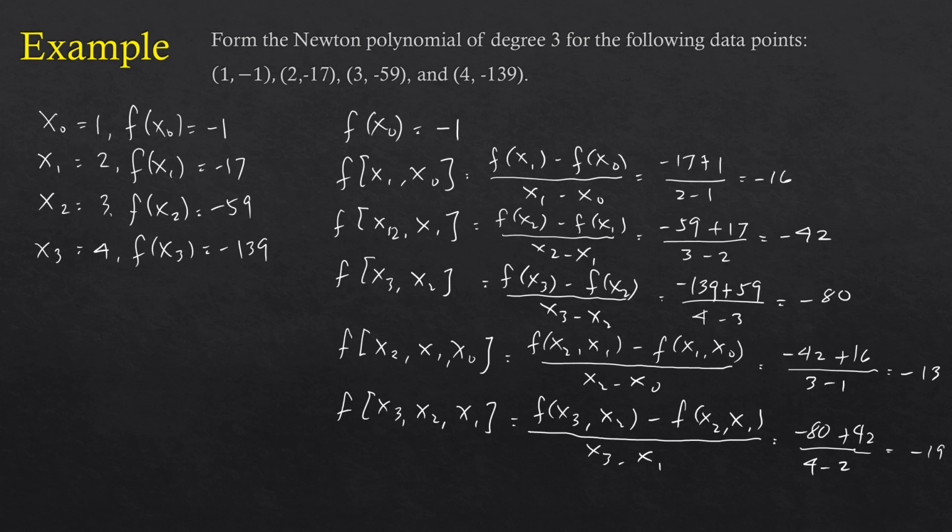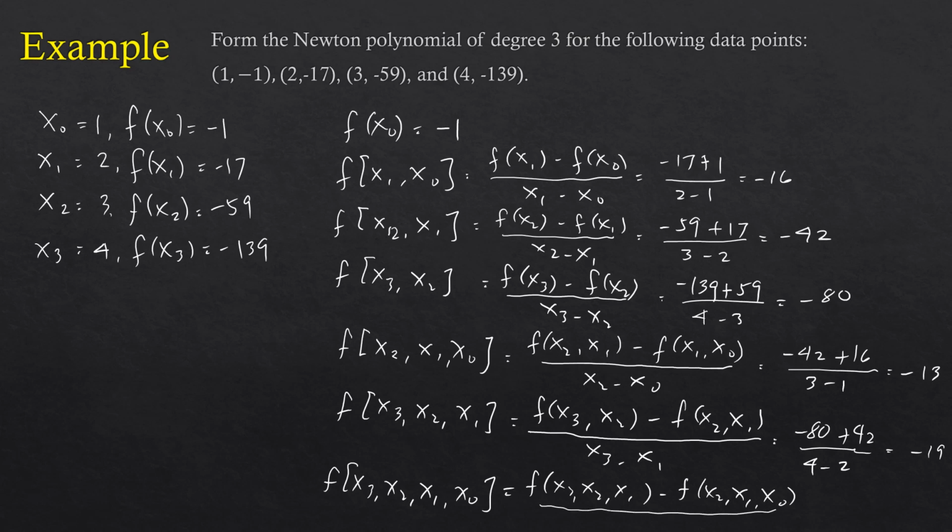So finally, we solve for f of x3, x2, x1, x0. That should give us f of x3, x2, x1 minus f of x2, x1, x sub 0 all over x3 minus x sub 0.